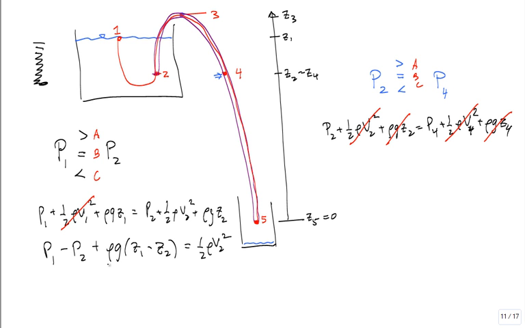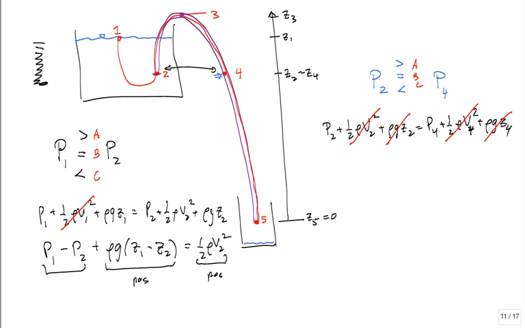What is this right in here? This is positive. What's rho g (Z1 minus Z2)? Positive. That really doesn't help that much, does it? But what do I do here? I already deduced that the pressure at 2 is the same as the pressure at 4, wasn't it?